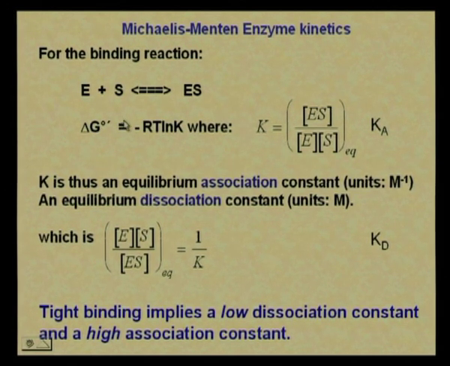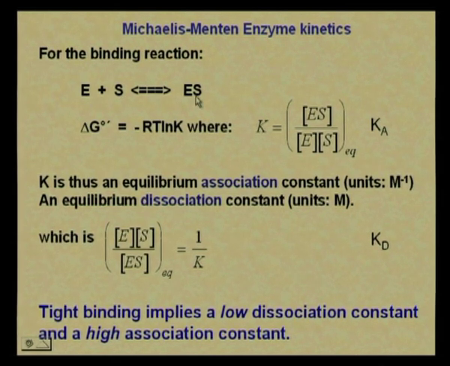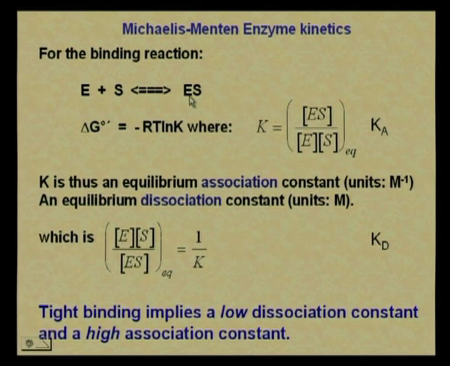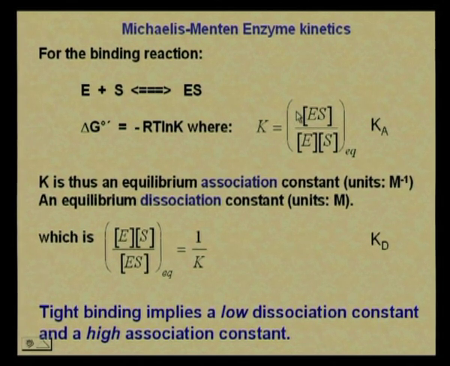So, initially I have an enzyme and a substrate that forms the enzyme substrate complex. The formation, you have to remember, you can just think of it as an association. So, it is called an association constant, because you are associating the enzyme and the substrate to form the enzyme substrate complex. Since this is an equilibrium, what can I relate this to?